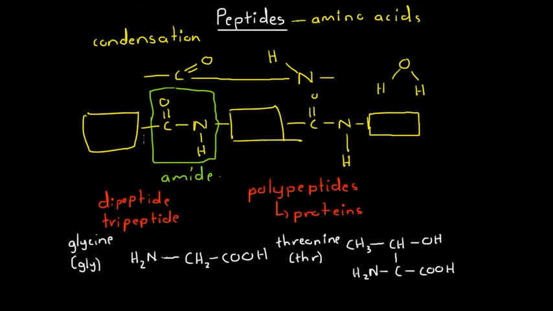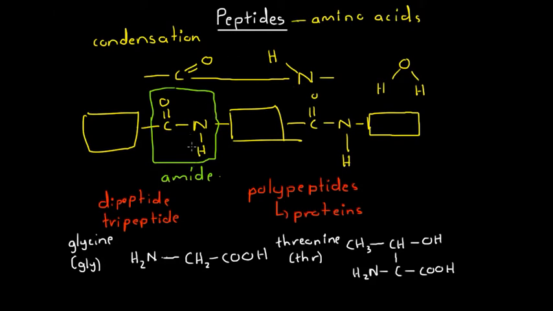Now, obviously we call this kind of linkage or this functional group here an amide linkage. However, if this linkage is occurring in a protein, then we have a more specific name for it. Obviously, an amide linkage can occur in lots of other substances that aren't organic substances in the body or that relate to proteins.